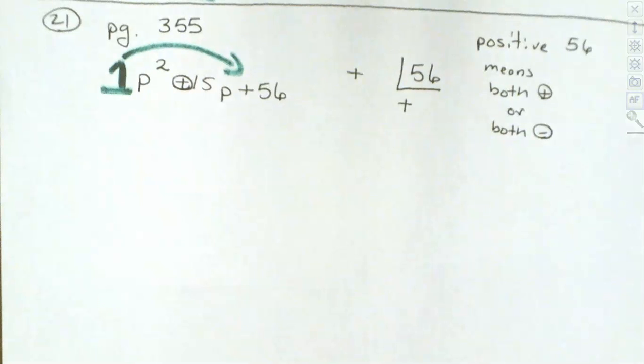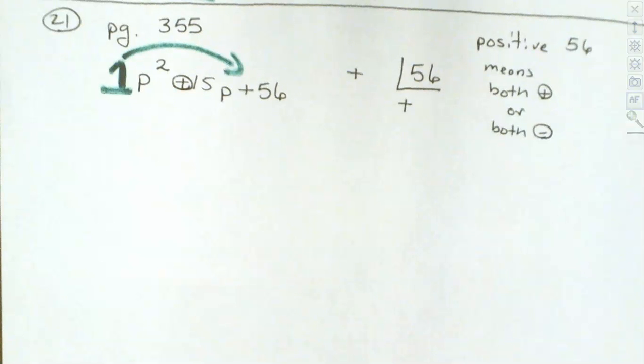What two numbers are going to multiply together to give me 56, add together to give me 15? Can anyone tell me what numbers would work? Multiply together to give you 56, add together to give you 15.